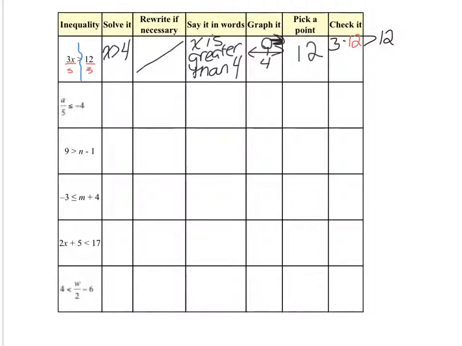Sorry, I write really big. Okay, so I have 36 is greater than 12. Well, that better be true, otherwise I didn't pick the right kind of number for a point. And it is true. Okay? So that's what you have to do there.